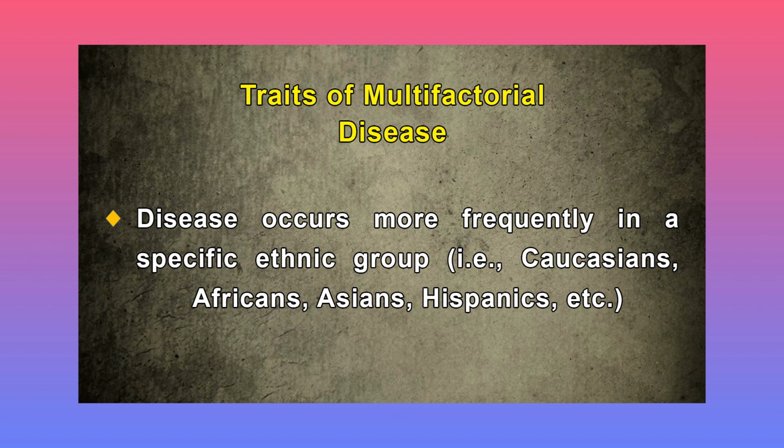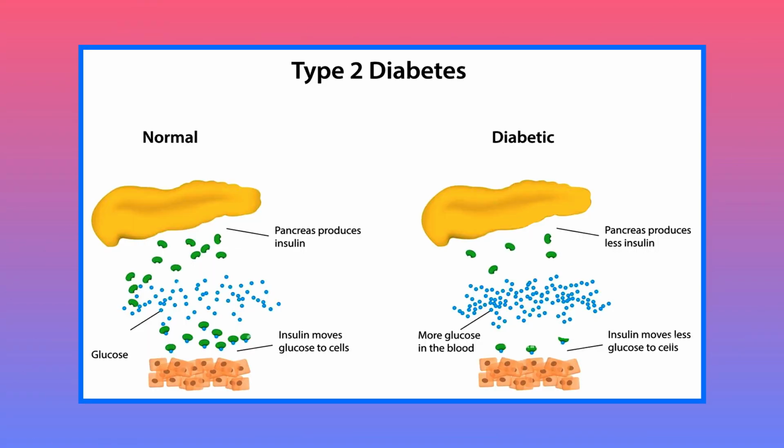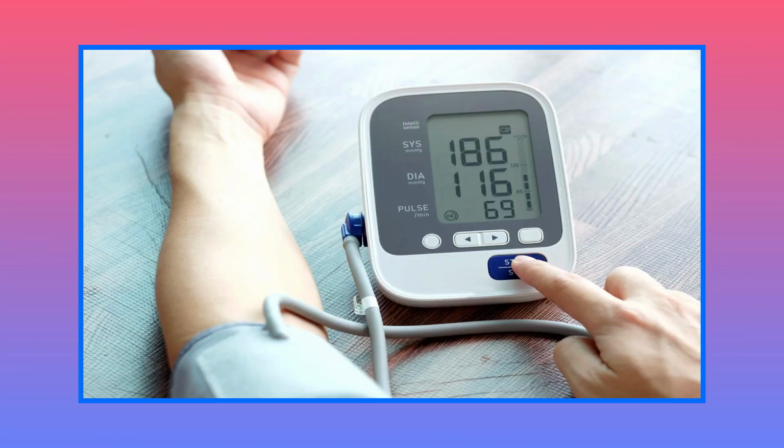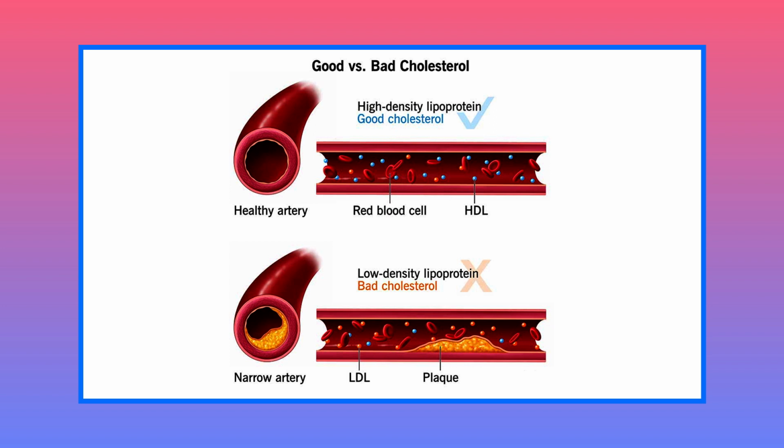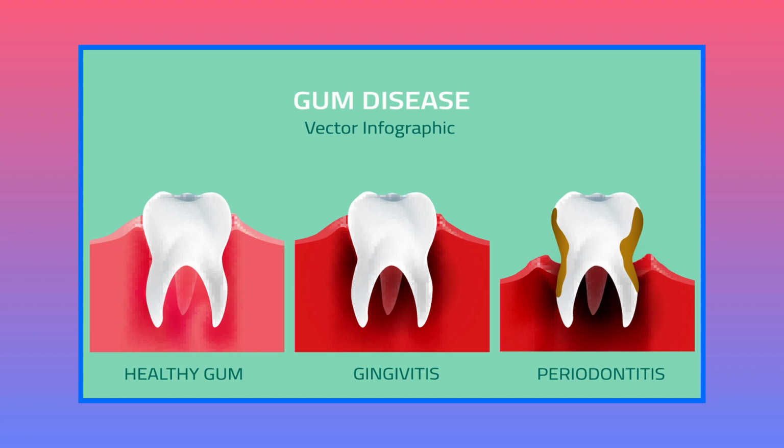Going back to the example of coronary artery disease, we know that a number of factors increase the risk of disease onset, including obesity, type 2 diabetes, high blood pressure, high levels of low density lipoprotein cholesterol, and even gum diseases.